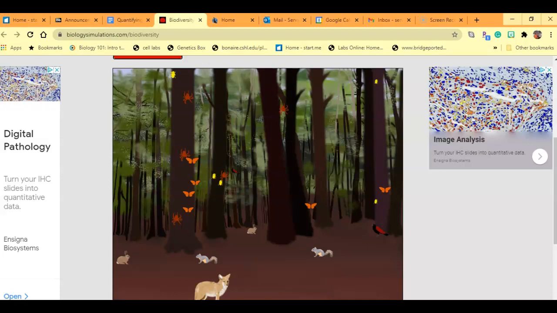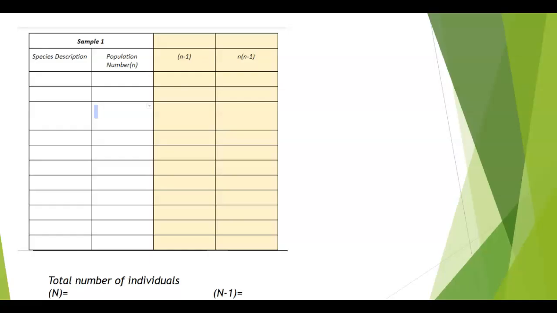Let's start with the wolf. There is 1 wolf in this community. So you're going to go back up into your table and put wolf, coyote, whatever it is. There was 1 of them, so n minus 1 is going to be 0, and n times n minus 1 is also going to be 0.